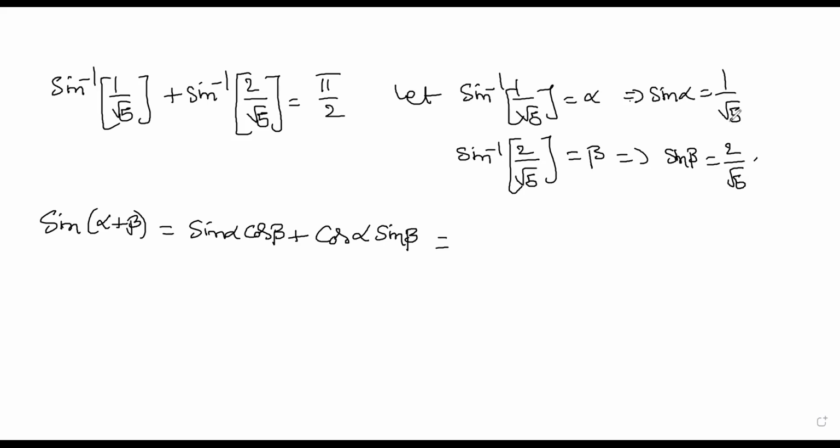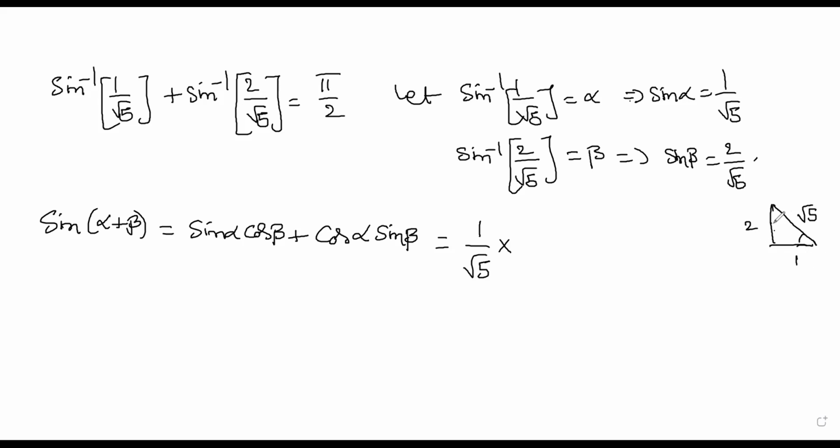So what is sine alpha? 1 by root 5. And what is cos beta? Here you got to see the right angle triangle with root 5 as the hypotenuse, and the opposite side, let us say this is 2, and 5 minus 4, this happens to be 1.